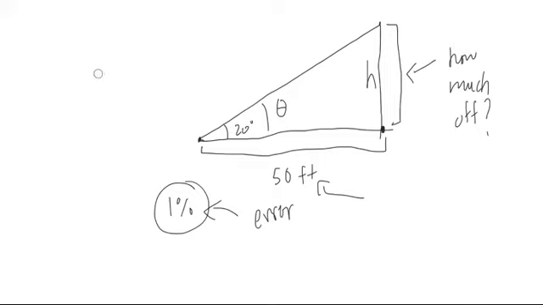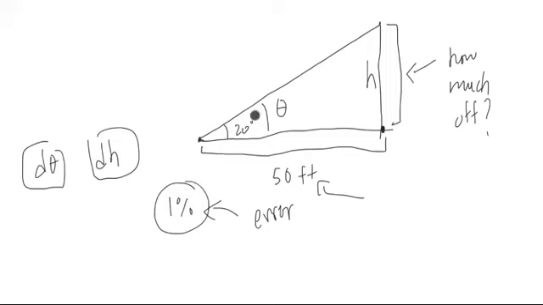What we're trying to do is investigate the relationship between d theta and dh, in the relationship between h and theta. So if theta changes a little bit, how much does h change? Thinking about that will enable us to get at this 1% error.